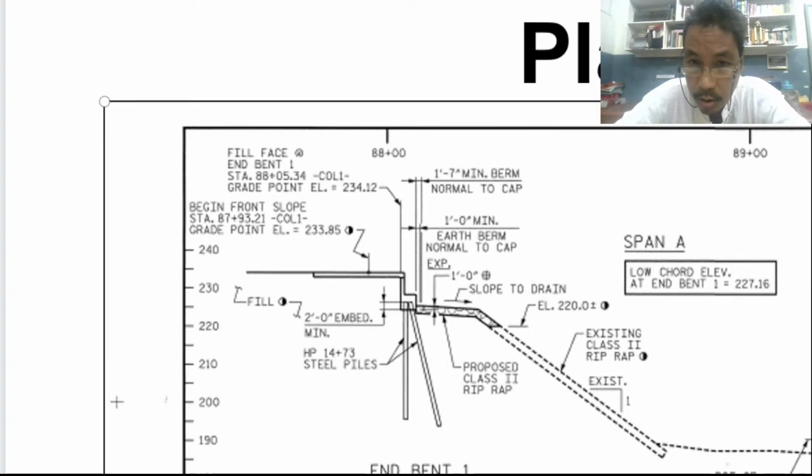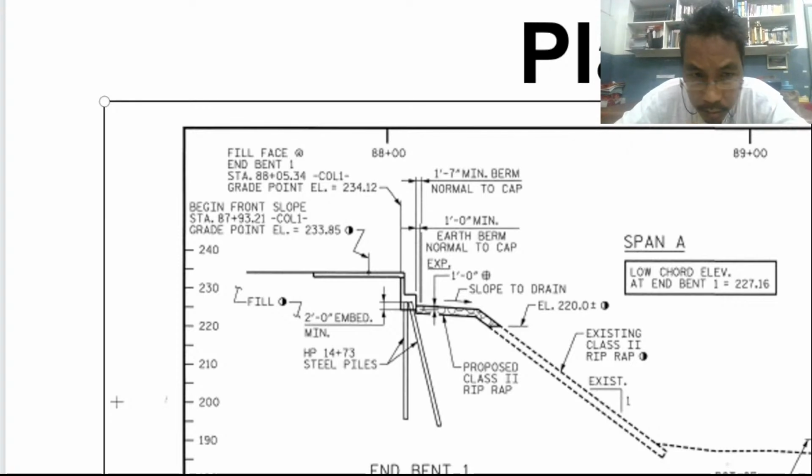For example, what is W steel? What is S steel? Okay, so HP steel pipe is a pipe, but the shape is HP shape. Okay, and then 14 plus 73 is the size.